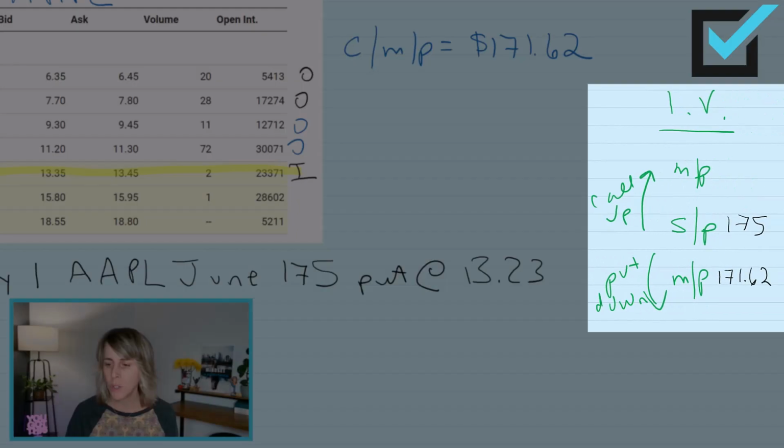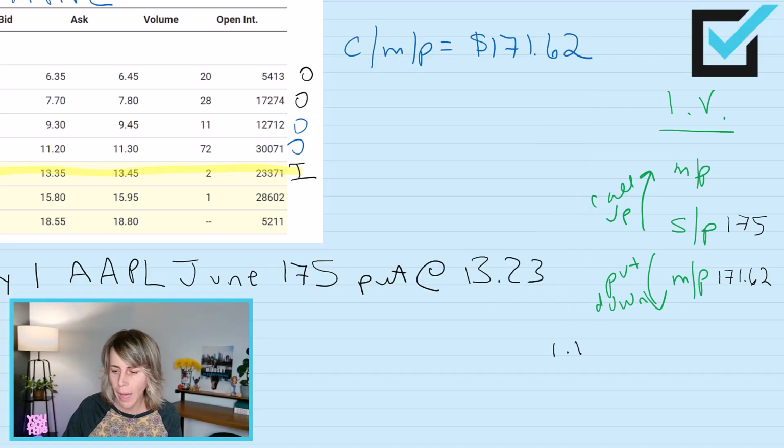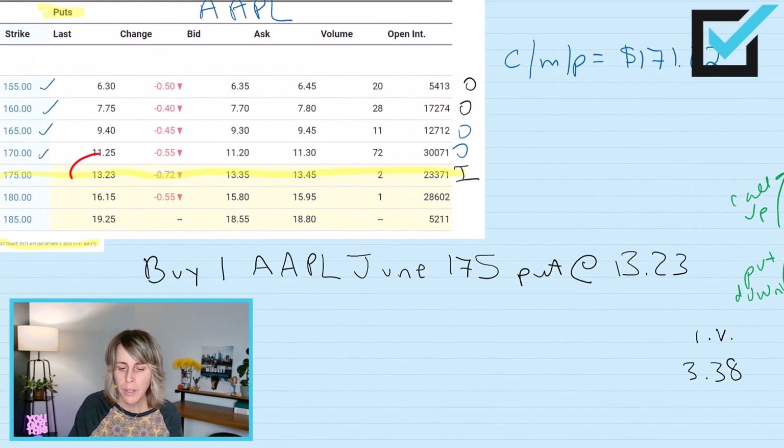The difference between the strike price of 175 and the market price of 171.62 gives an intrinsic value of $3.38.